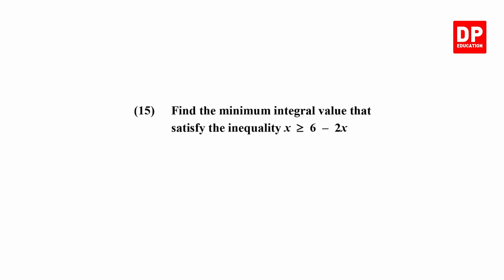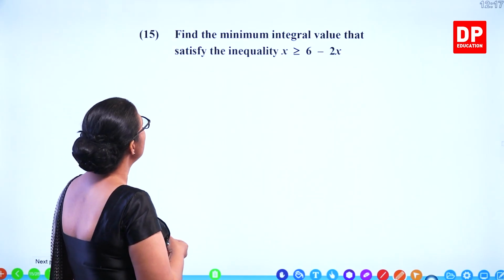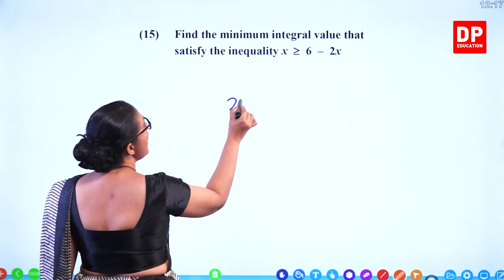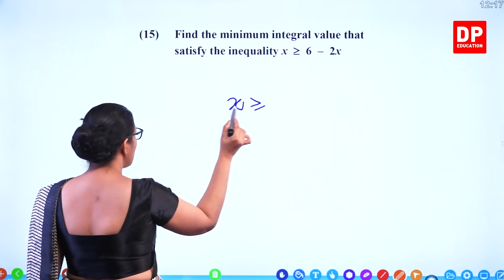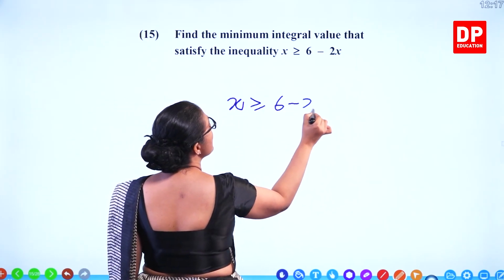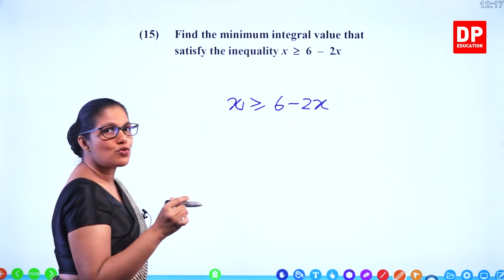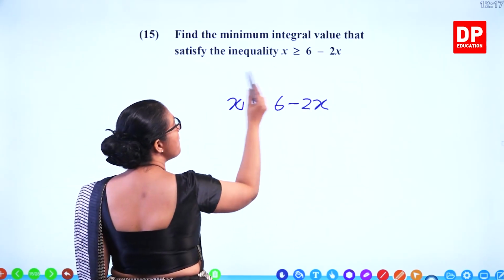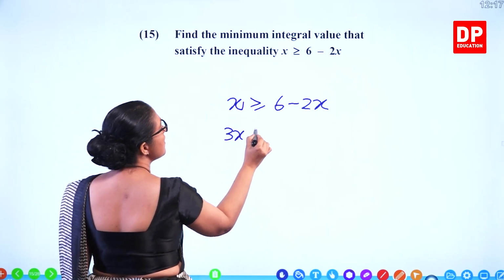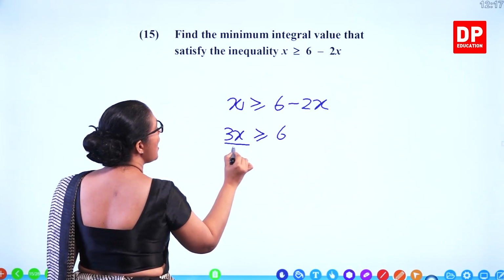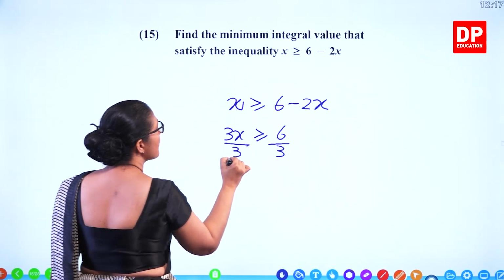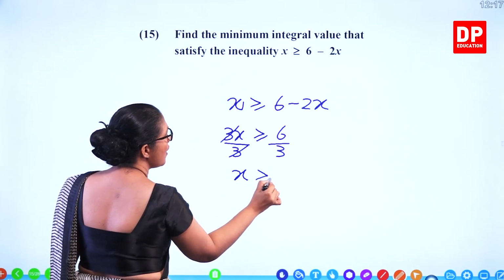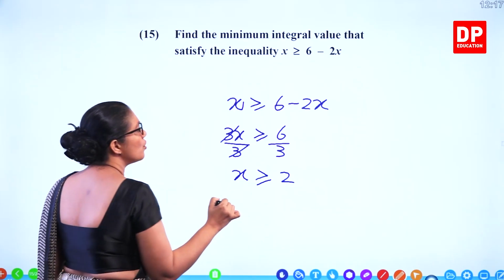Question number 15. Find the minimum integral value that satisfies the inequality x greater than or equal to 6 minus 2x. Take all x terms to one side. x plus 2x, that's 3x is greater than or equal to 6. Divide both sides by 3. You get x greater than or equal to 2.